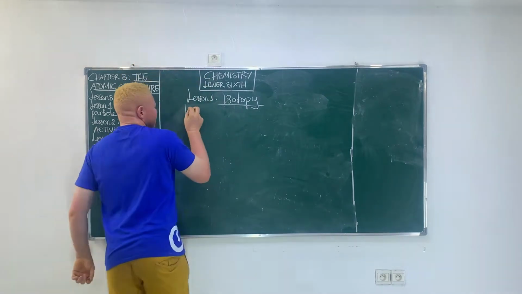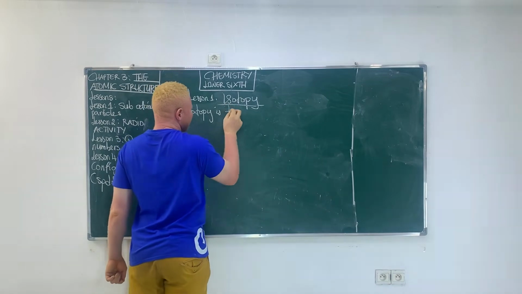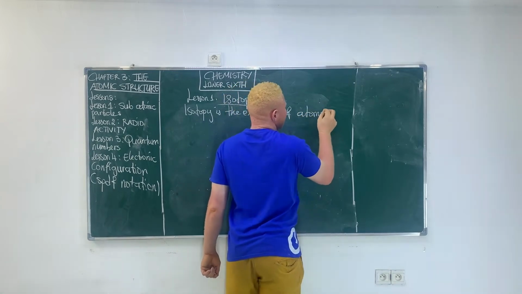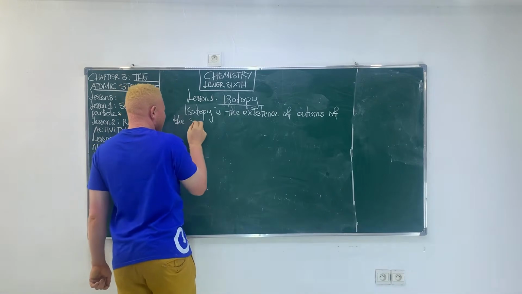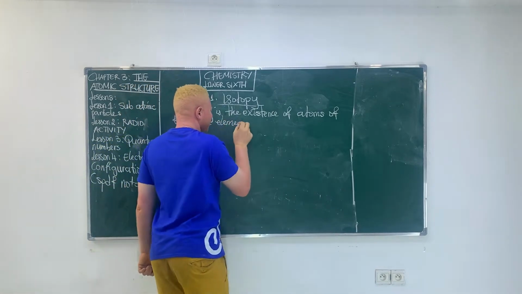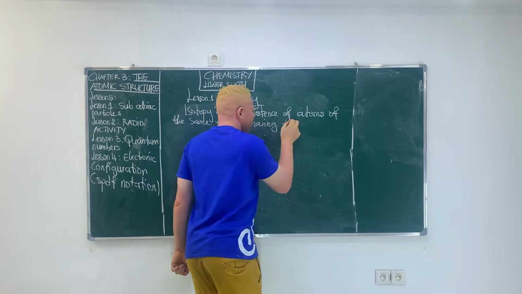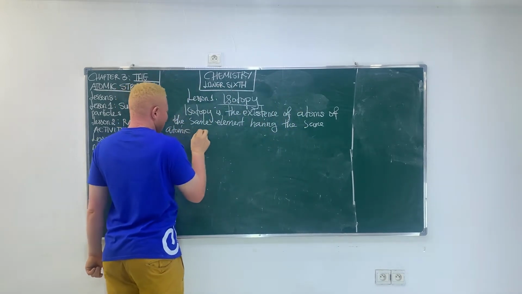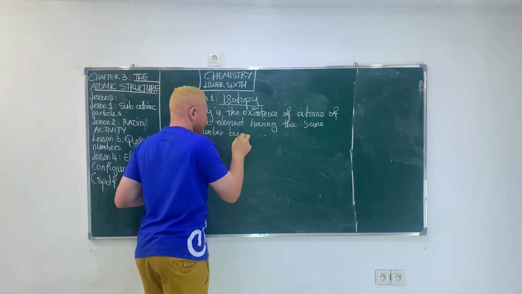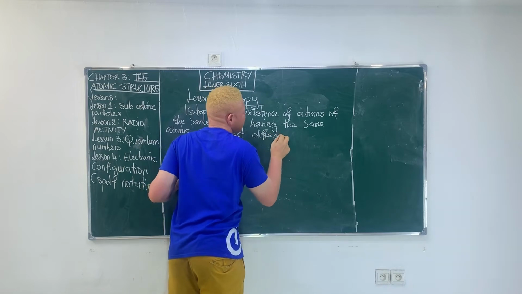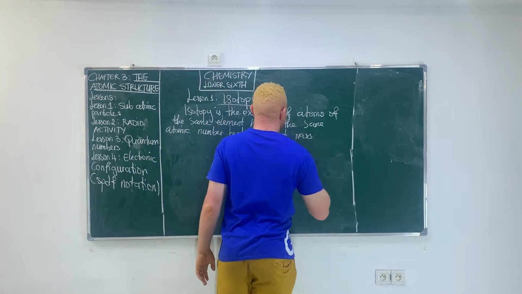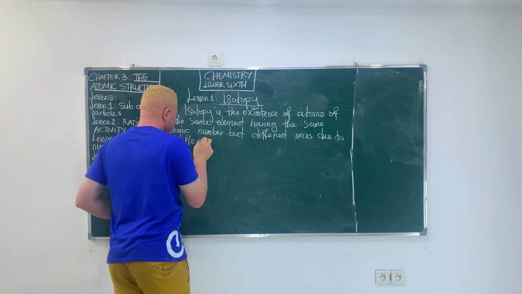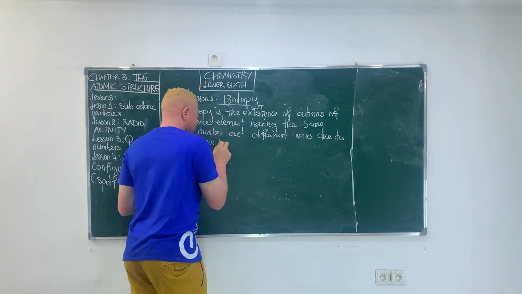So isotopy is the existence of atoms of the same element having the same atomic number but different mass number due to a difference in the neutron number.